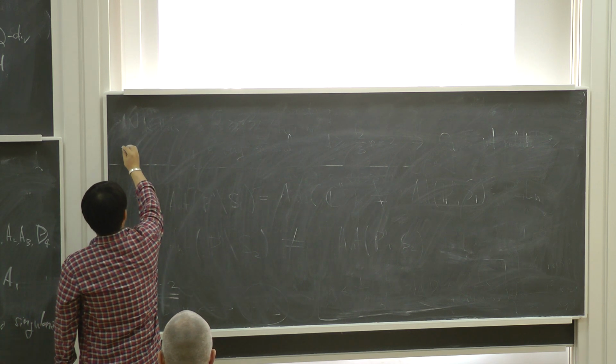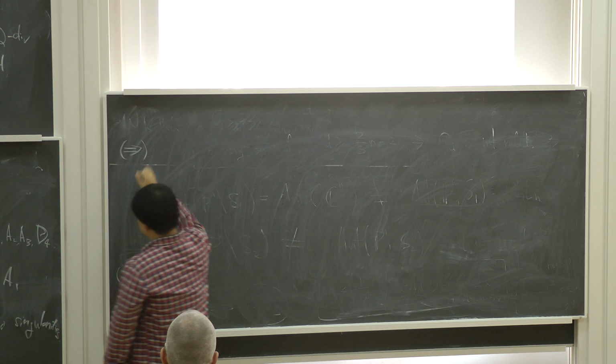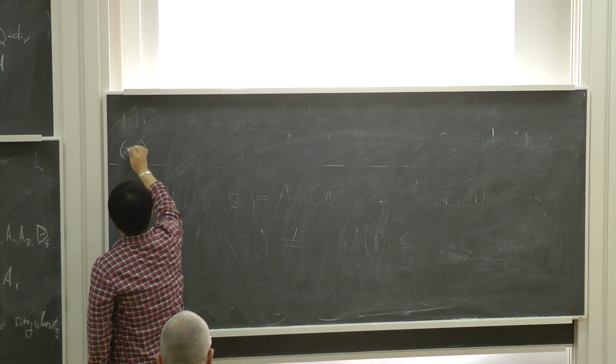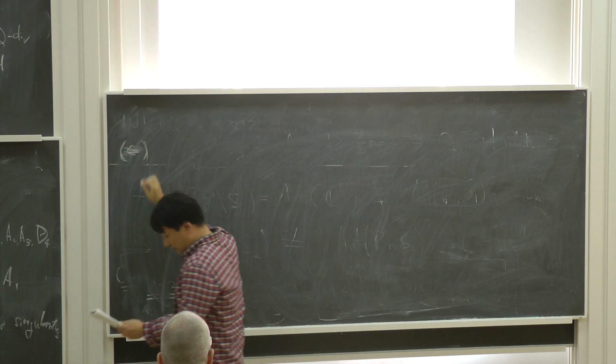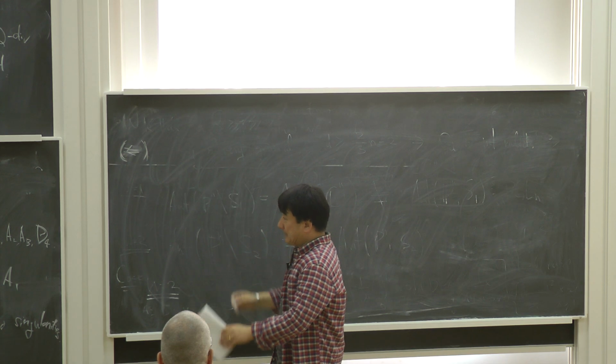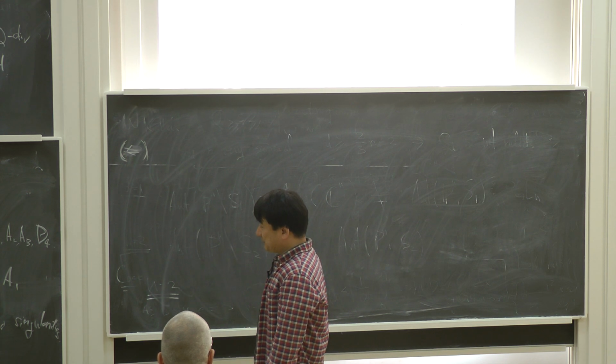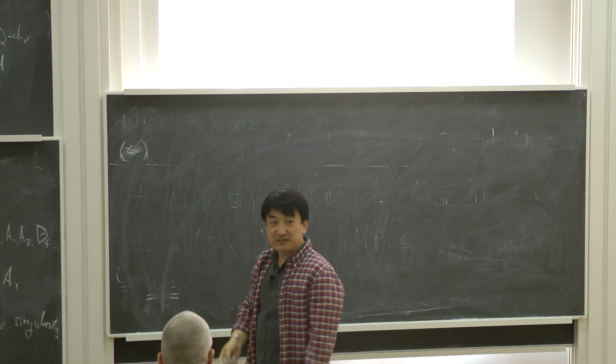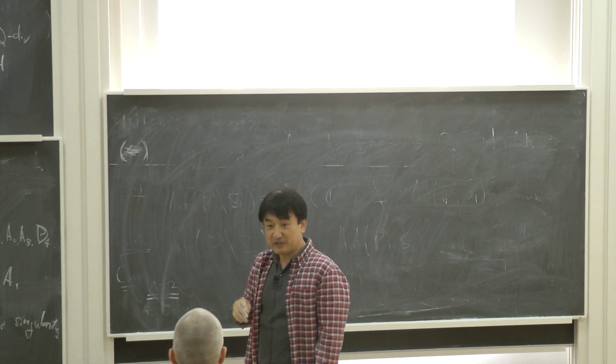So for this direction, let me start with the opposite direction. What you have to prove is, suppose this S contains the anti-canonical cylinder.